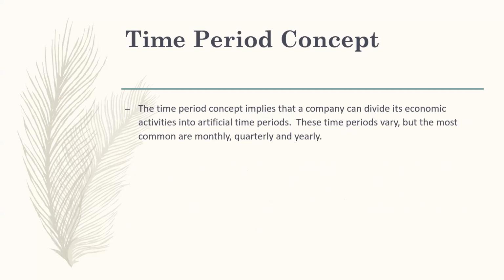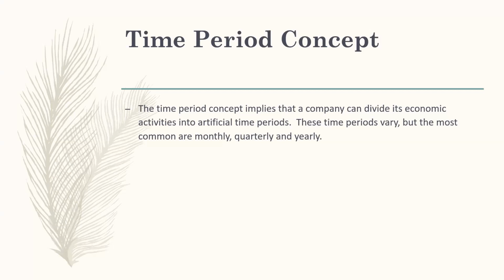Good. We are going now to the time period concept. We just have two more and we are going to finish with that. The time period concept. This concept implies that a business can divide its economic activities into artificial time periods. Okay?